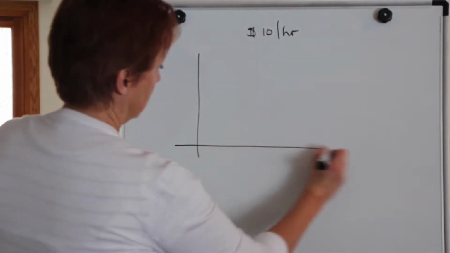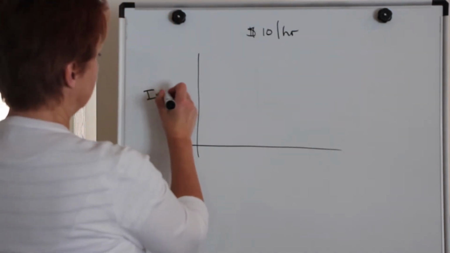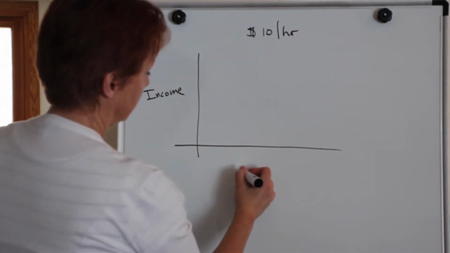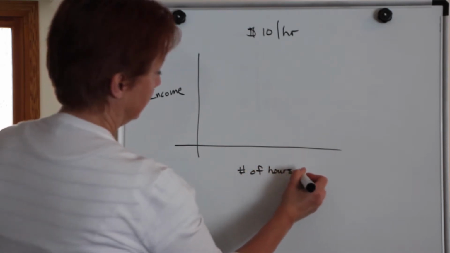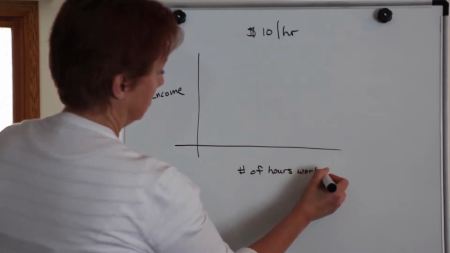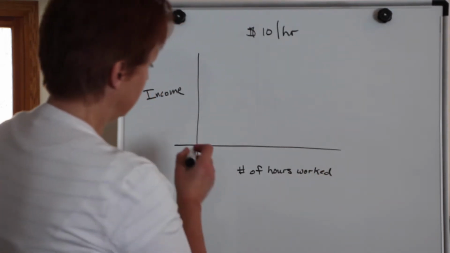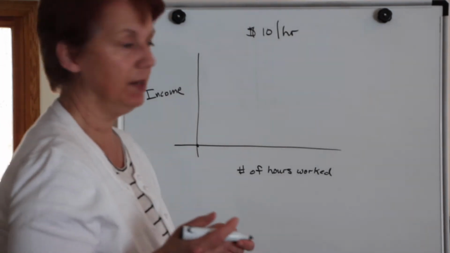So we're going to make a graph, and on the y-axis we're going to put income, and on the x-axis we're going to put number of hours worked. If you work 0 hours, you make $0, right?